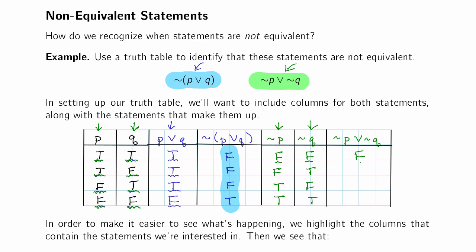They're both false, so OR is false. False or true, there's at least one true there, so OR is true. True or false, OR is true. True or true, OR is true. And this is the second column that we're interested in here.